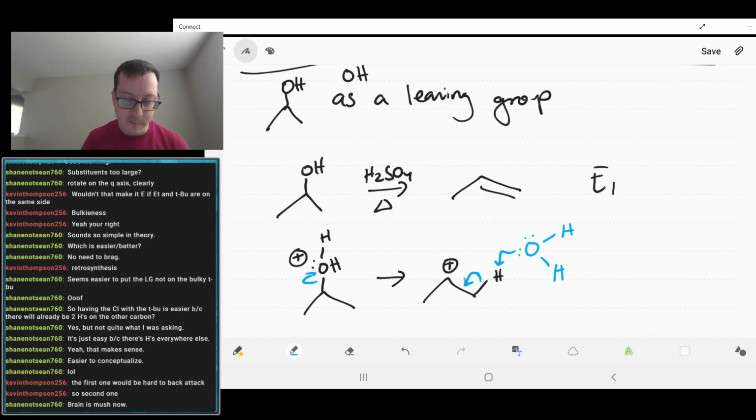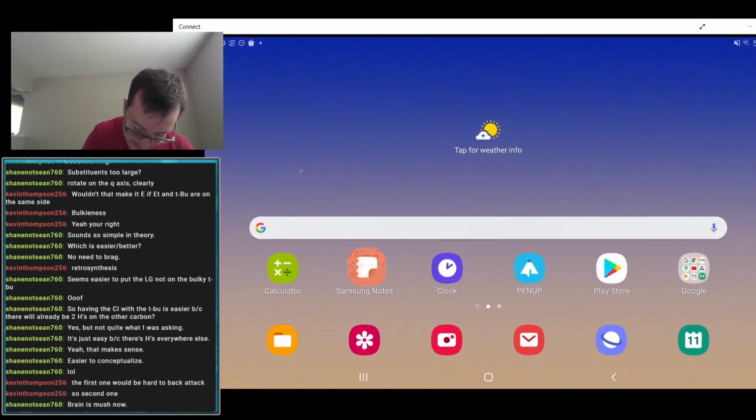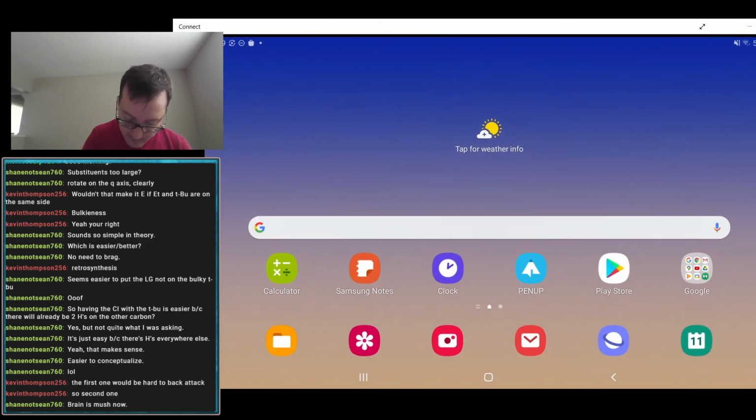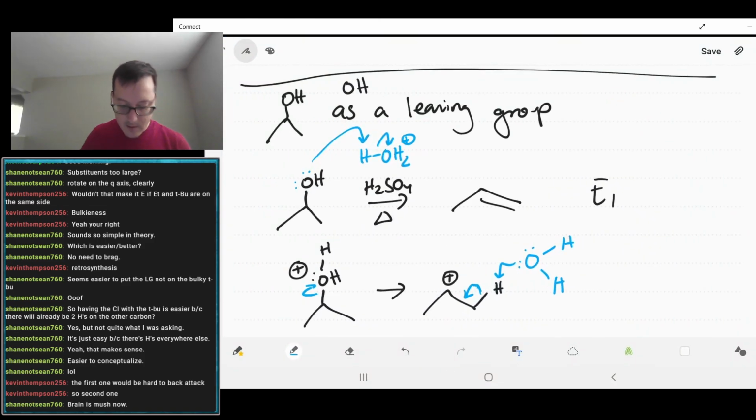I didn't show the step of the protonation, but remember H2SO4, we could just say that's H3O plus. Doing that, we end up now with our protonated alcohol, so I'll show that step. And then we end up with our product.